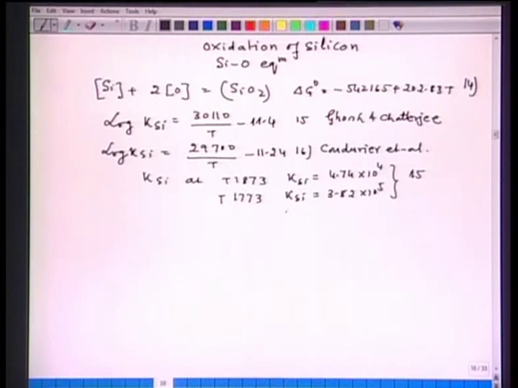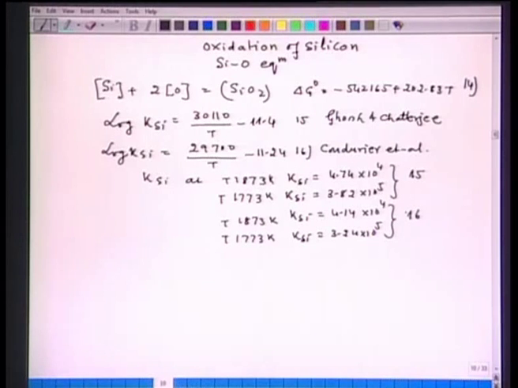Now, the same value of K silicon I calculate from equation 16, then I get at T 1873 Kelvin, they are all Kelvin, K silicon is 4.14 into 10 to the power 4, and at temperature 1773 Kelvin, K silicon is equal to 3.24 into 10 to the power 5. So, this is from 16.